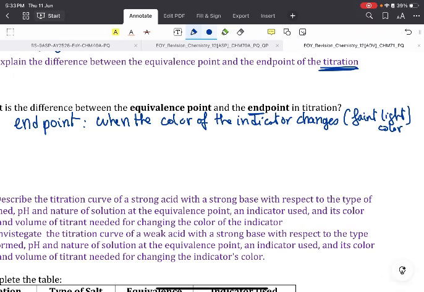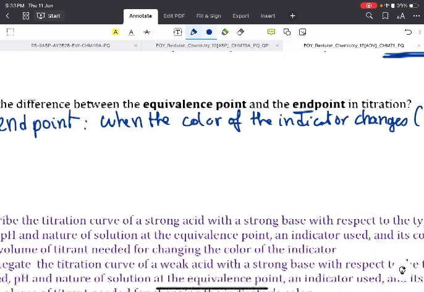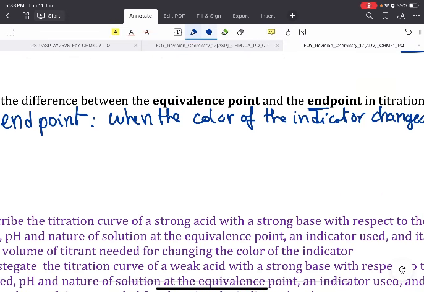So whenever I see this change, it means stop, and this is the end of the titration. Usually we obtain this color change slightly, really slightly, after the equivalence point.